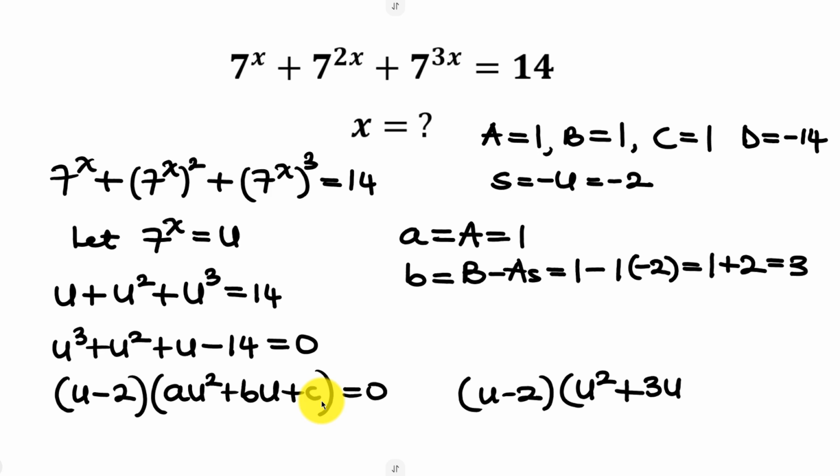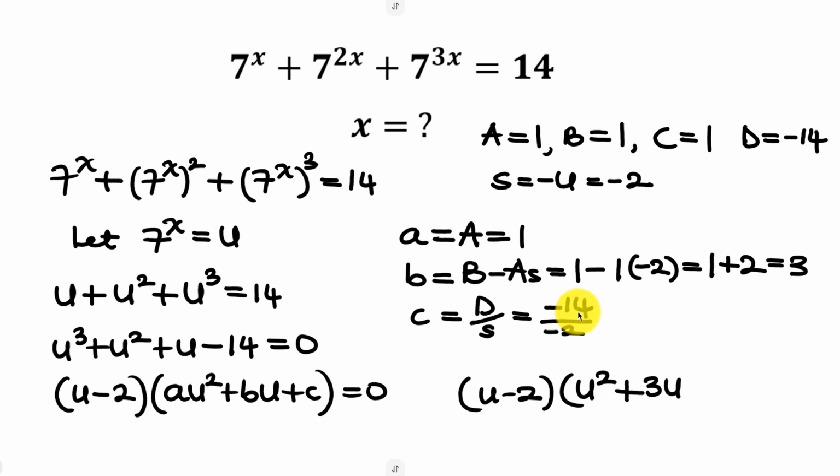Very good. Now let's get our c. C, which is small letter c, is equal to d divided by s. And this will be d is negative 14. So this is negative 14 divided by s. S is negative 2. So negative 2.